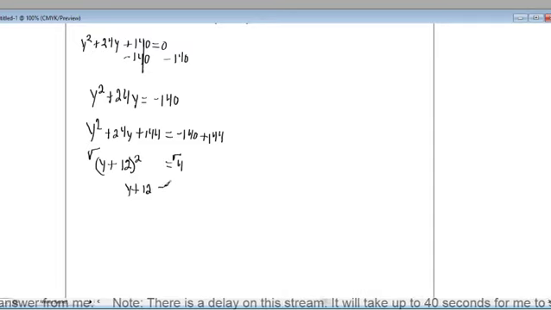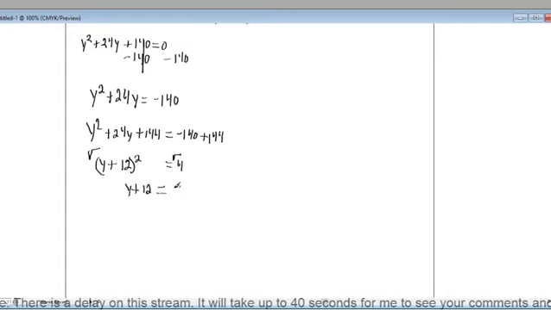And then on this side, square root of 4, remember, is not 2, not negative 2, but both of them, plus or minus 2. And that is very important. Always remember that if you take the square root of a side, it's going to give you plus or minus that number.